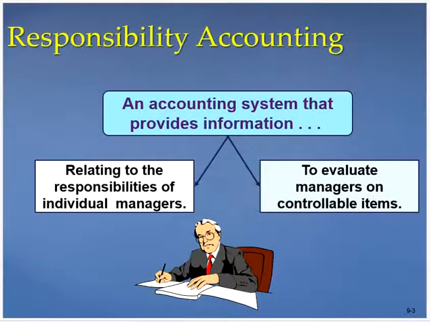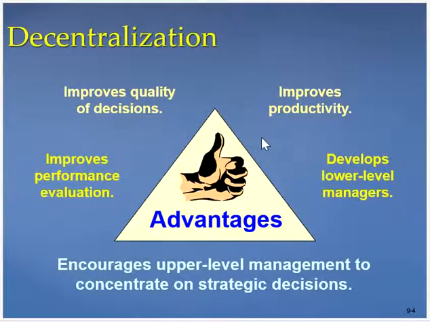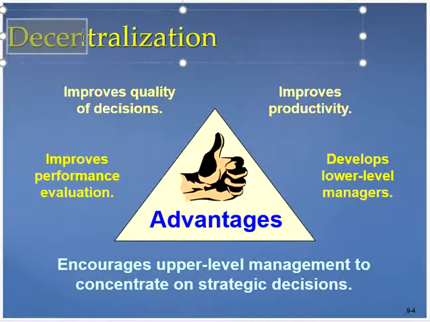The next concept, which we discussed earlier as well, is decentralization. Decentralization, as I said, is delegating authority and responsibility. Why do we delegate? Why don't we do everything on our own?